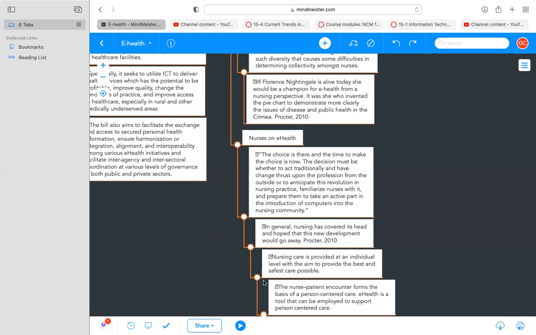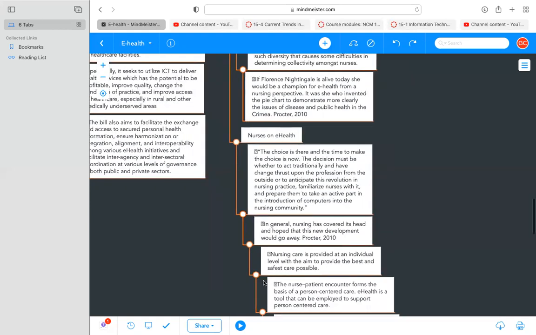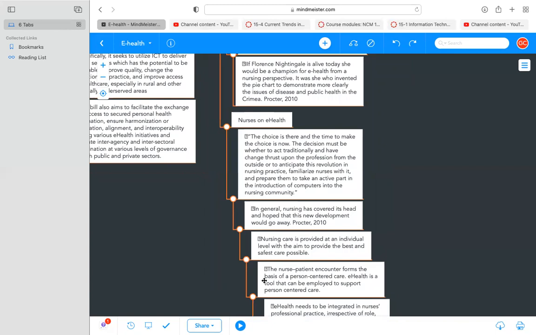So familiarize nurses with it and prepare. Let's prepare each other. As educators, we need to prepare you to take an active part in the introduction of technology in the nursing community.